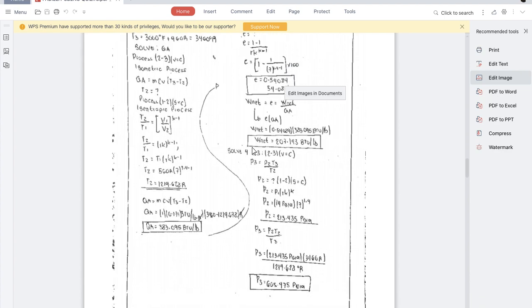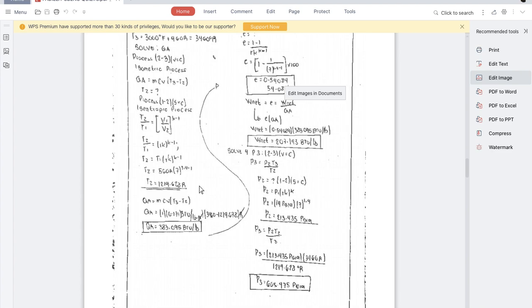After that, we get P3. The formula for P3 is for process 2 to 3, where V equal to C. P3 equal to P2 T3 over T2. So we have T3 and T2, but we don't have P2. So let's solve for P2 first.